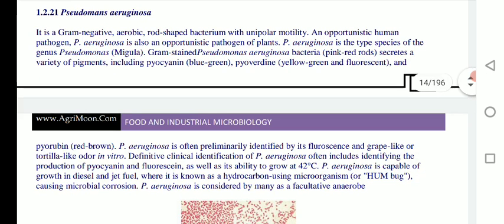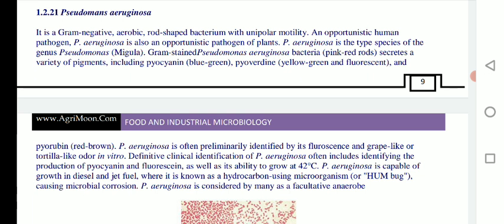Next, Pseudomonas aeruginosa. Again it is a common Pseudomonas organism. It is a gram negative aerobic rod shaped bacterium with unipolar motility. It is an opportunistic human pathogen. What is meant by opportunistic human pathogen is that when your immune system gets compromised for some reason, then the normal flora of your body get activated and cause illness.